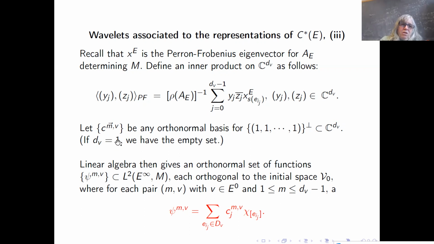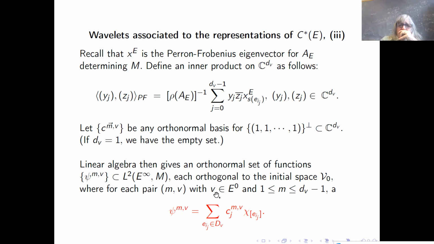But if d_v is 2 or greater, then you get these vectors, and they give you your wavelets. Here they are. And they turn out to be orthogonal to all the characteristic functions corresponding to vertices. If w is not equal to v, they just are disjoint from one another, so that you take the product with the characteristic function of w and you get 0.